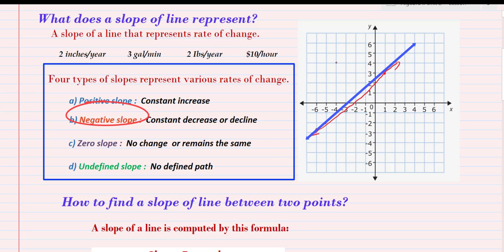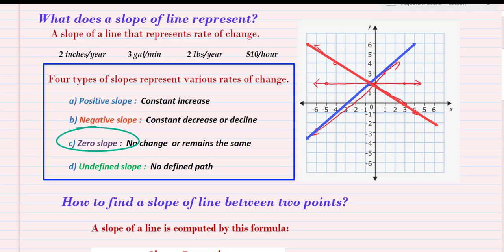And we have a negative slope, which represents a constant decrease or decline. We use 2 points on a number line or XY axis to show that the rate is decreasing at a constant rate as you see it. Okay, that's moving downwards. We also have zero slope. That means the rate does not change, it remains the same. We can represent it by taking 2 points on the XY plane, and it's going to be a horizontal line.